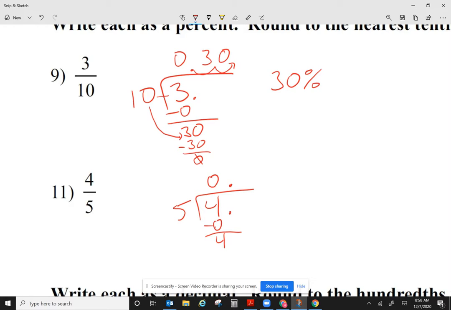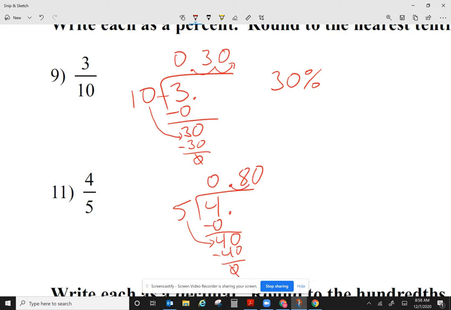After the decimal point, I have as many zeros as I need. So bring down the next number. How many times does 5 go into 40? It goes in 8 times because 8 times 5 is 40. When I subtract this, I get nothing. Now move the decimal point 2 places to the right. Add any zeros if you need.